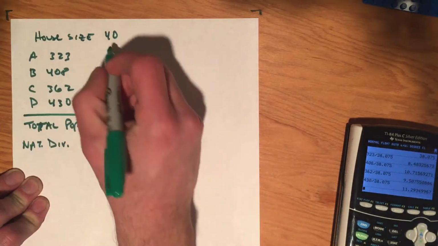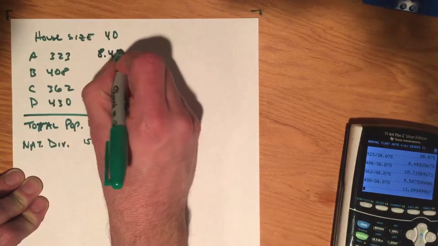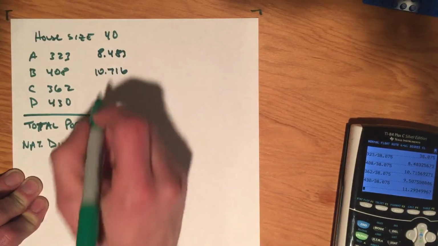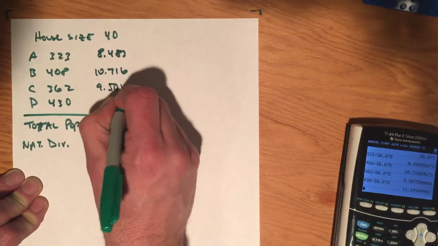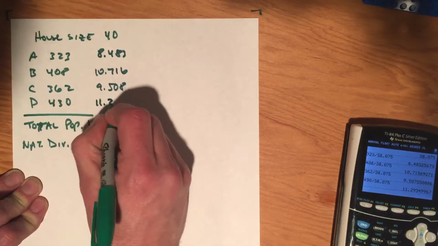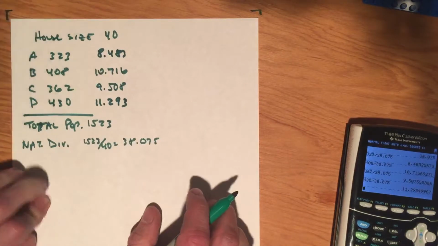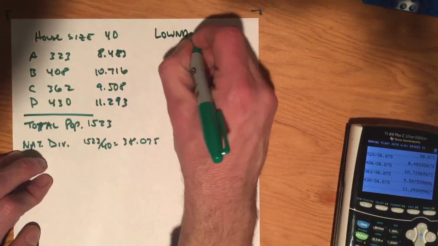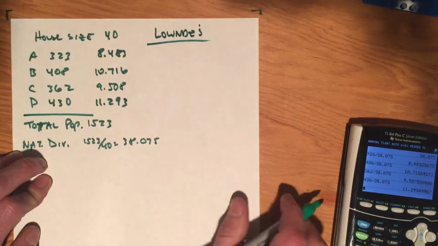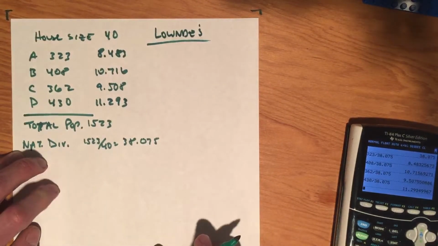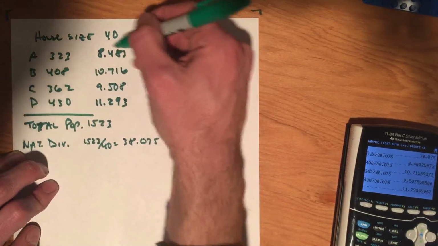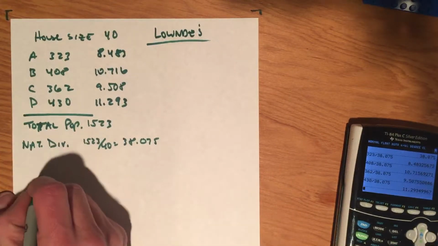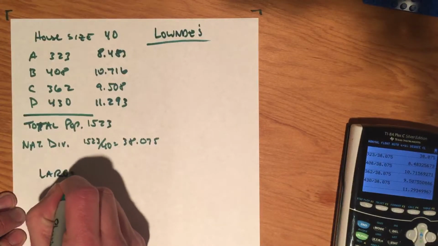We took that natural divisor and found all of our natural quotas: 8.483, 10.716, 9.508, 11.293. Now we are going to go by the Lowndes method of apportionment. It's a little bit different. Hamilton looks at the largest decimals. Lowndes uses what's called the largest relative fractional part.